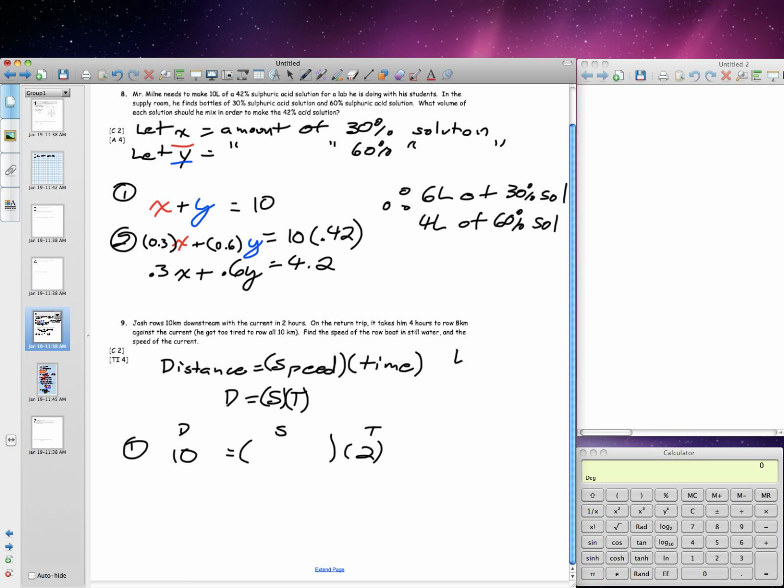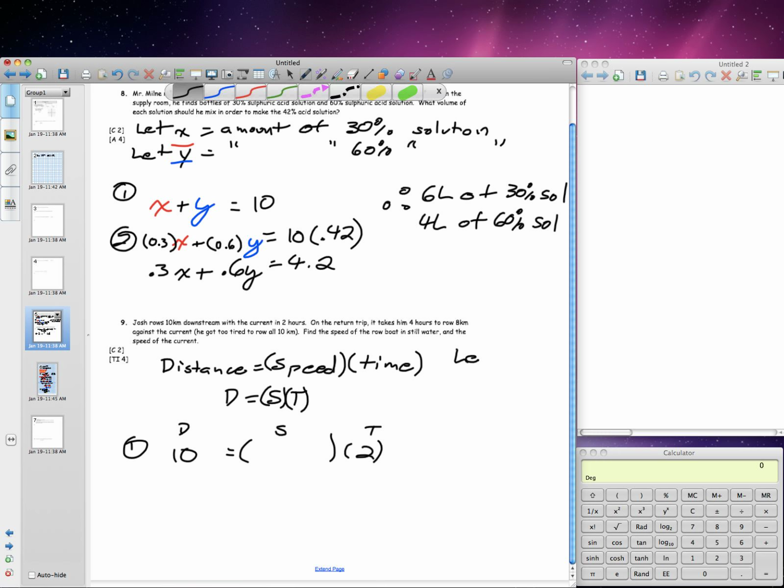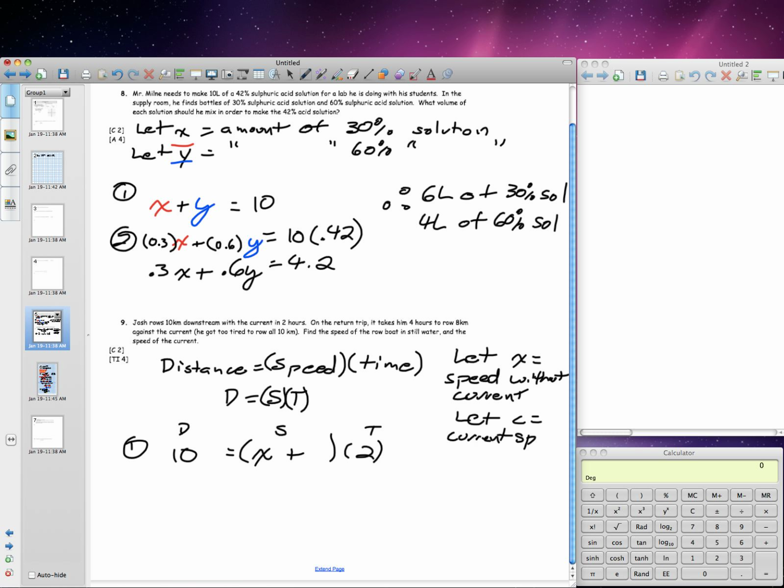So let x equal speed without current, and let C equal current speed. By current speed, I mean the speed of the water. So x plus C.